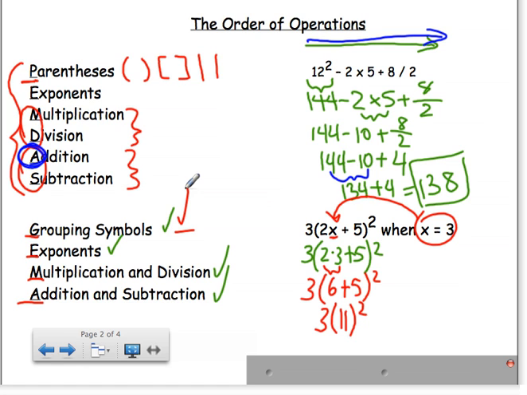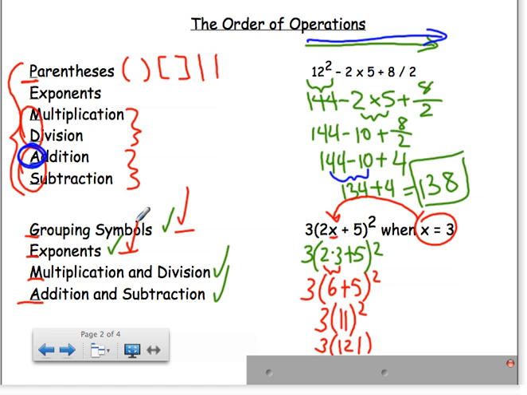If I'm looking at this next, a lot of students want to multiply 3 times 11 first. But I know that exponents is my next step, so I need to do 11 squared. 11 squared means 11 times 11, and 11 times 11 equals 121. And then I need to multiply by 3. I've now finished the exponent step.